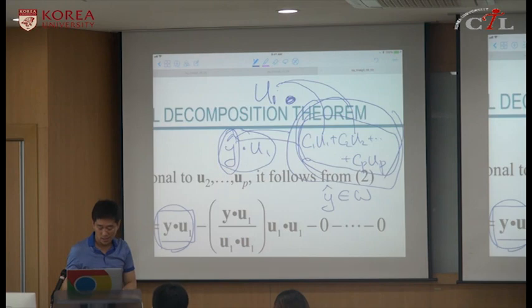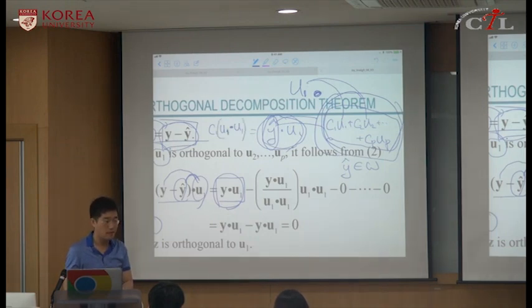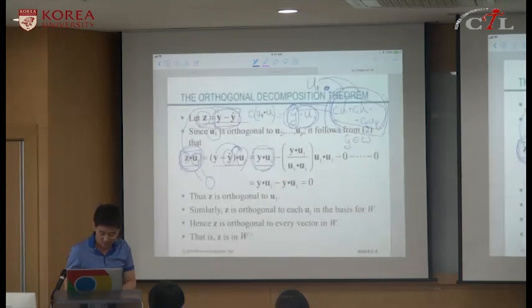After doing this inner product, the only remaining term will be c1 times u1 dot u1. So y dot u1 minus c1 times u1 dot u1 should be equal to 0.